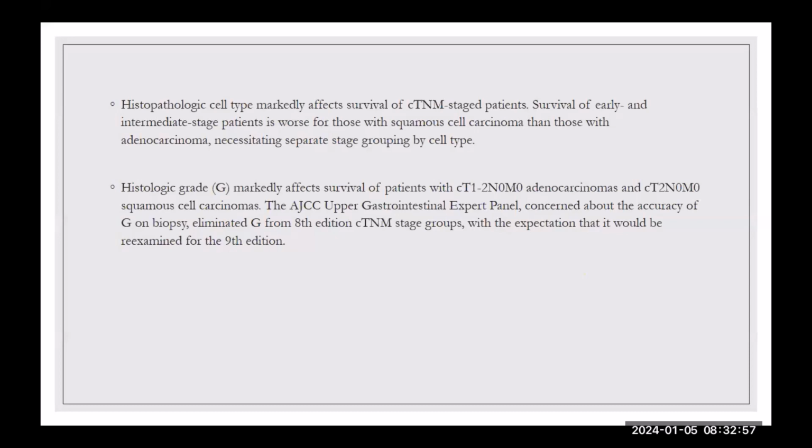However, the histological grading also affects T1 to T2 adenocarcinoma and T2N0M0 squamous cell carcinoma. But because of the accuracy of reporting the G status on biopsy, it was eliminated from this classification.